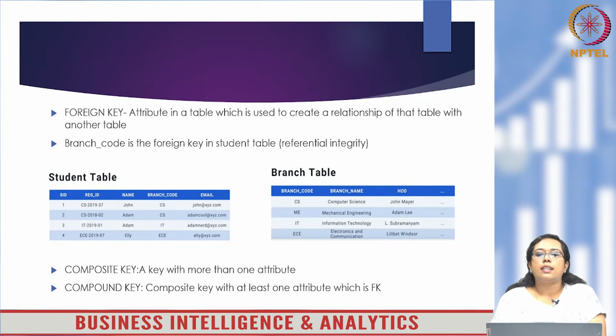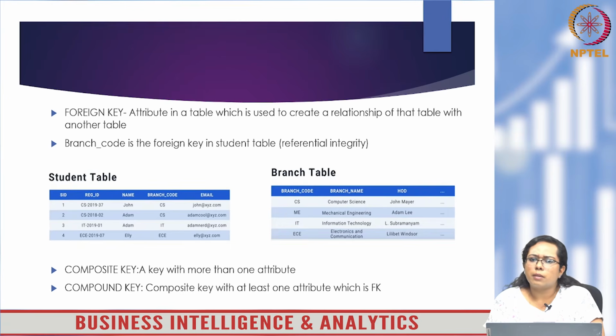And the foreign key is yet another concept which is very important. A foreign key is an attribute in a table which is used to create a relationship of that table with another table. I have already told you that there will be multiple tables, right? In this example, we have 2 tables, one is the student table, another is the branch table.